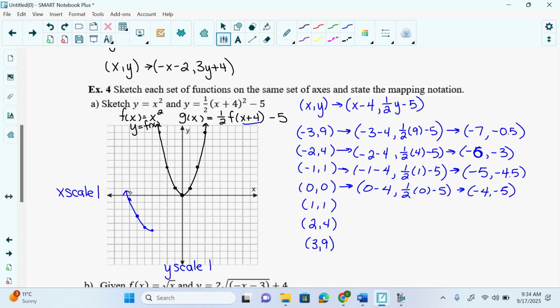So then I can only do that, right? A little bit past after my arrow. I can't just shoot it off to whatever my heart feels. Okay, then we have 1, 1. 1 minus 4, and then 1/2 of 1 minus 5. So it's going to be -3 and -4.5. Symmetrical. Does that help?